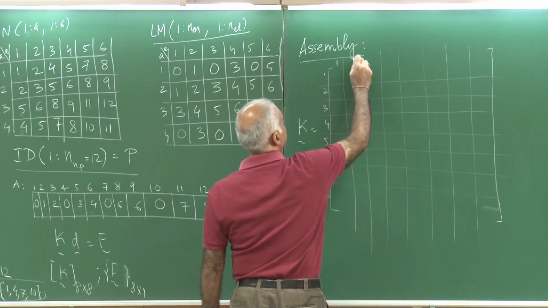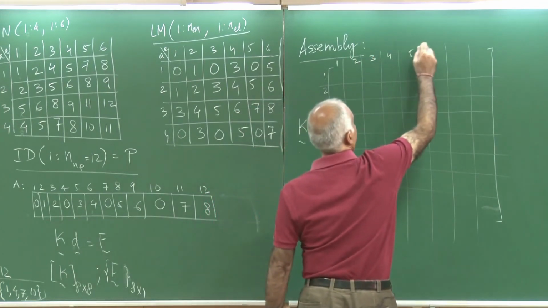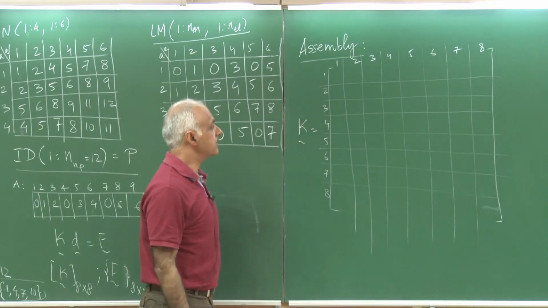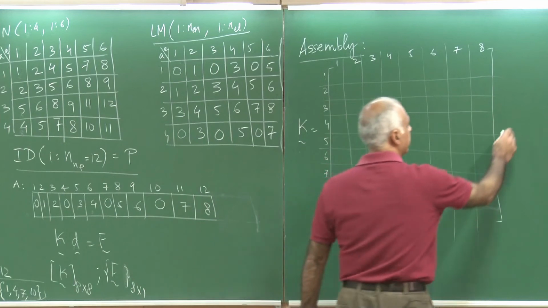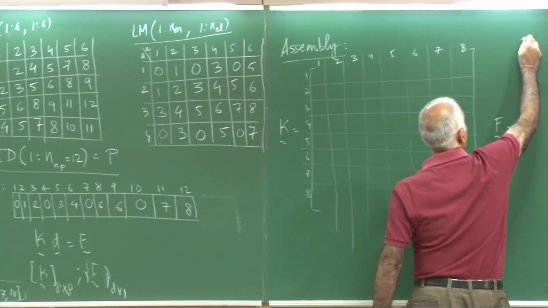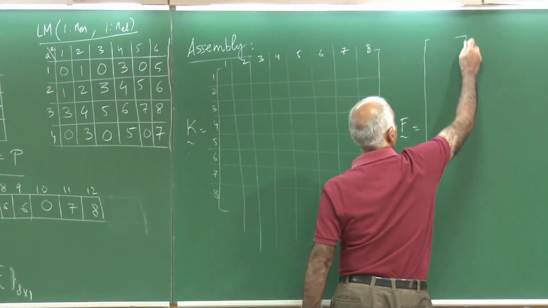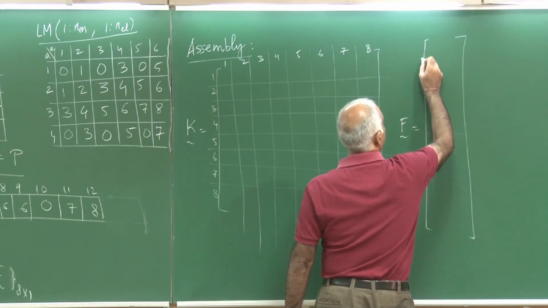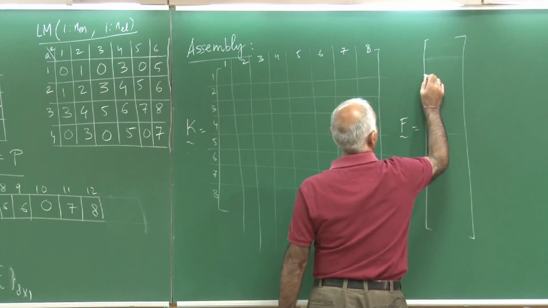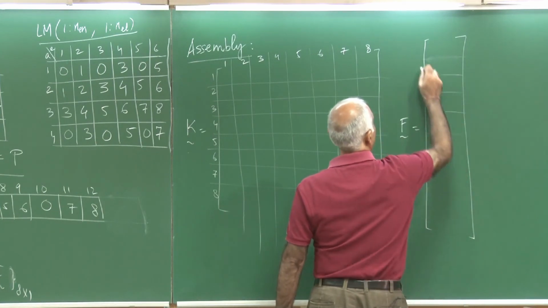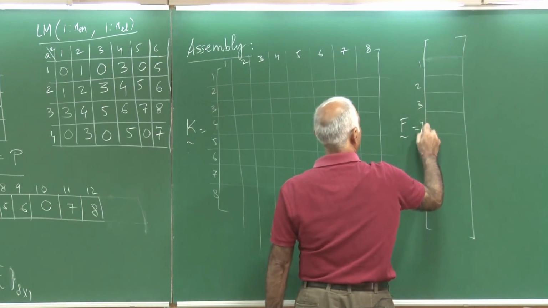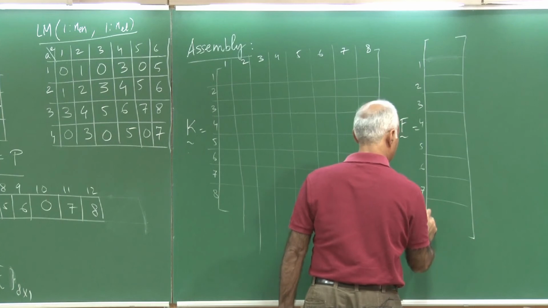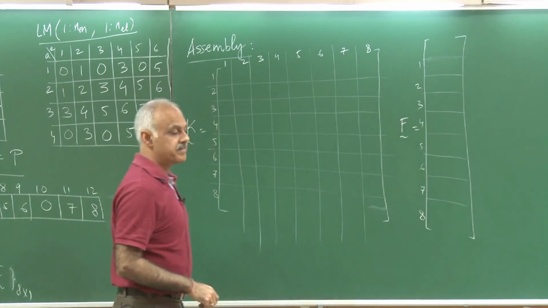And similarly for F, I would have this vector over here, with entries 1, 2, 3, 4, 5, 6, 7, and 8.